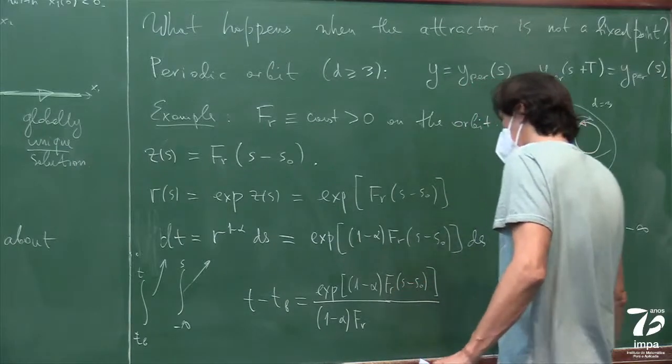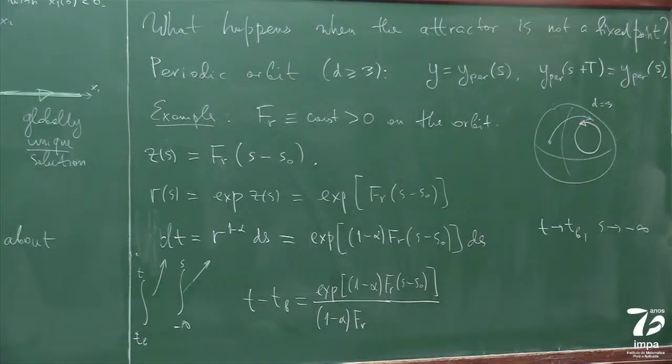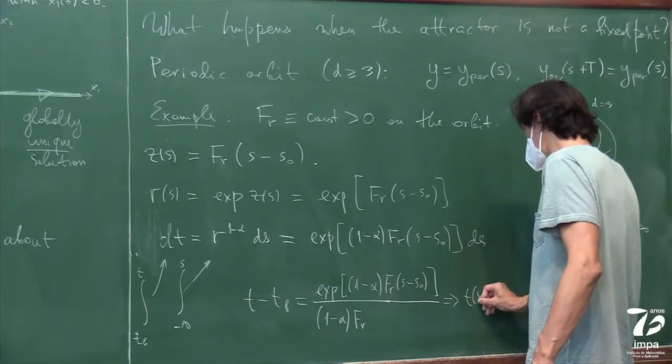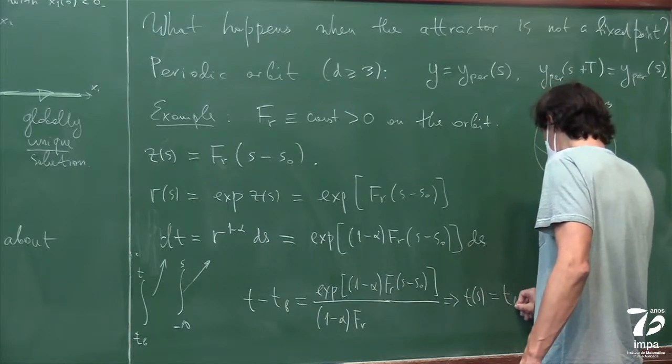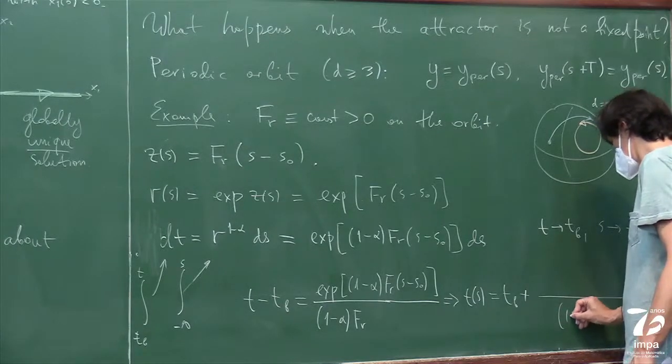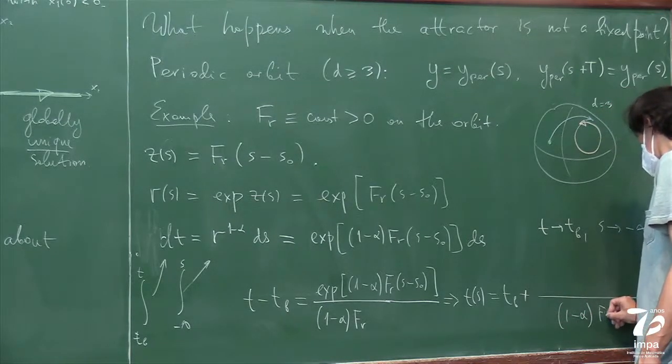So that's an equation. t of s is t_B plus this expression.